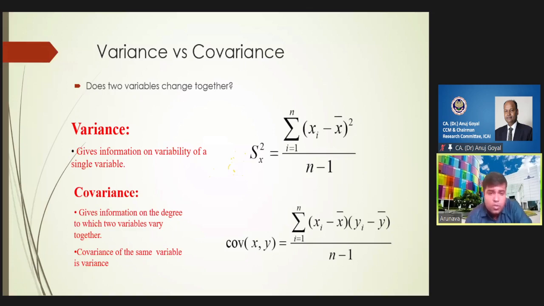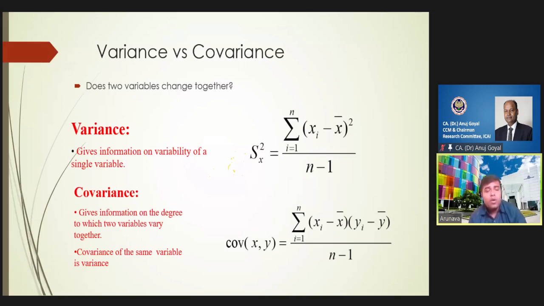Yeah, definitely they change together. They can be interrelated. A very good example is our capital asset pricing model, right? If the market is moving in one direction, we know that the stock price is also related to the market, and we can definitely find a relationship between them, and they are also covariant.